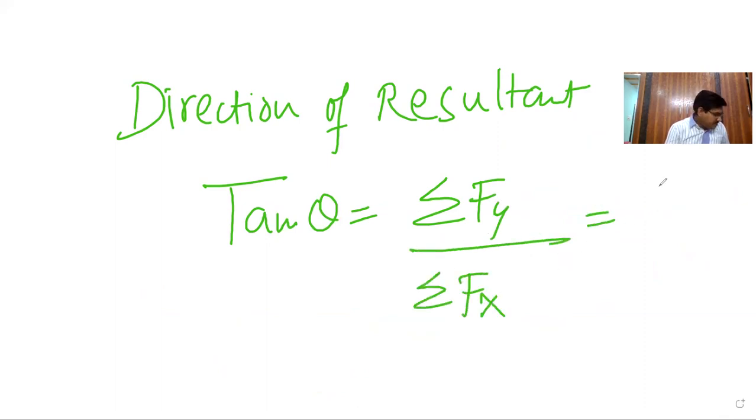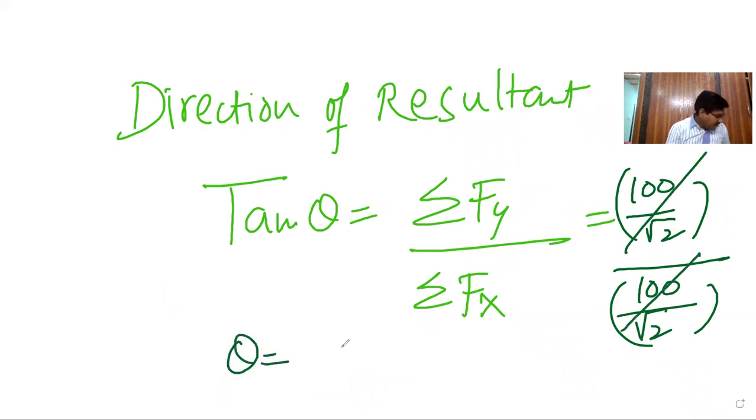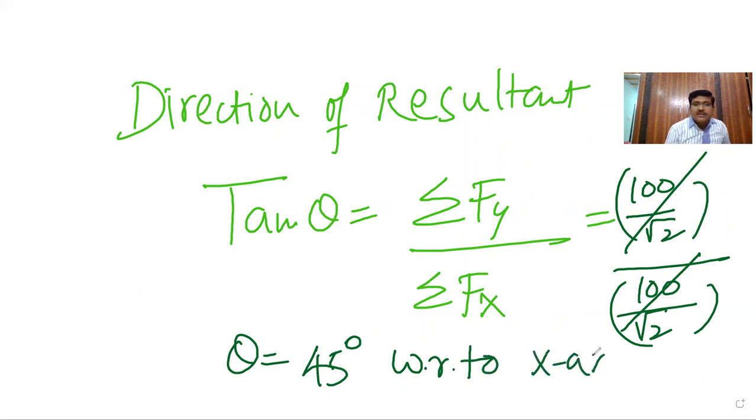The y components sum is 100 by root 2, and the x components sum is 100 by root 2. So theta is 45 degrees with respect to the x-axis. That is the theta.